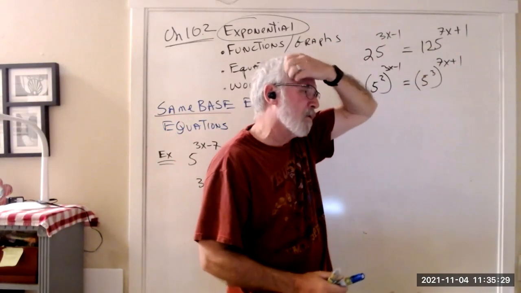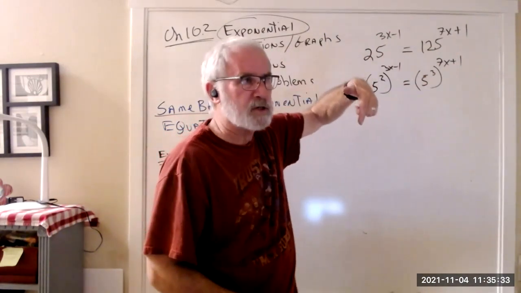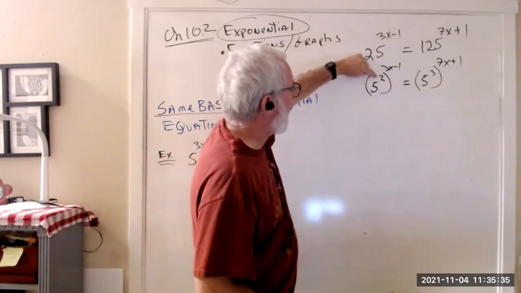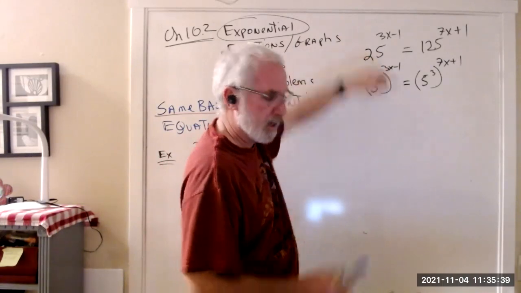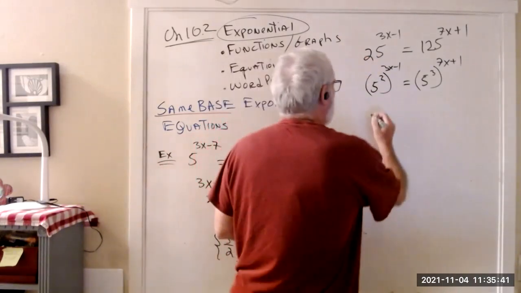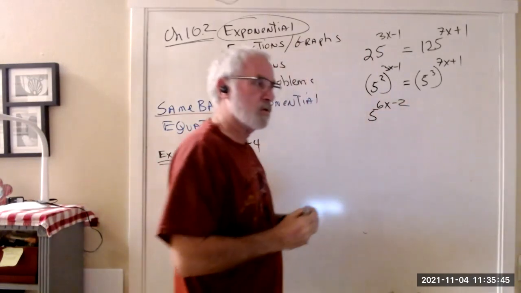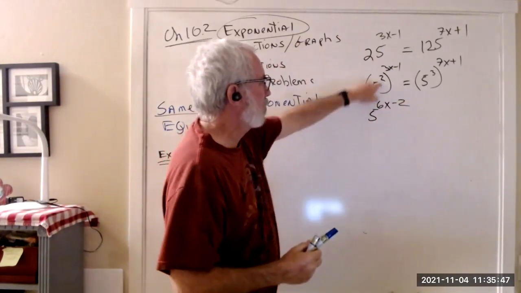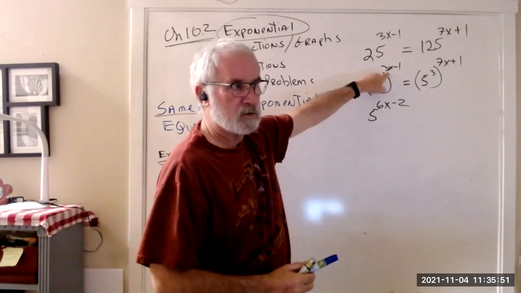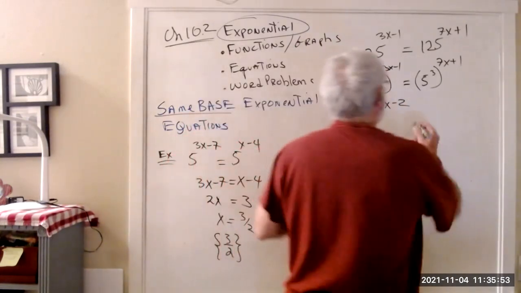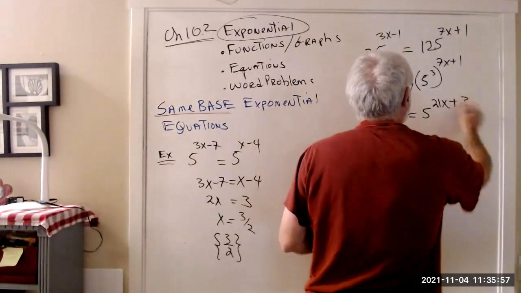Now our rules of exponents kick in. What do you do with a power raised to a power? You multiply. So this becomes 5 to the 6x minus 2, and this becomes 5 to the 21x plus 3.